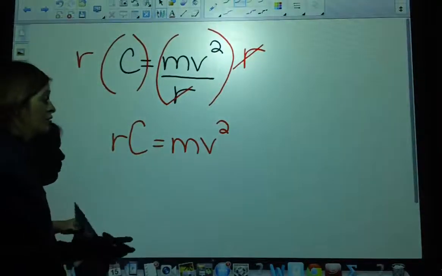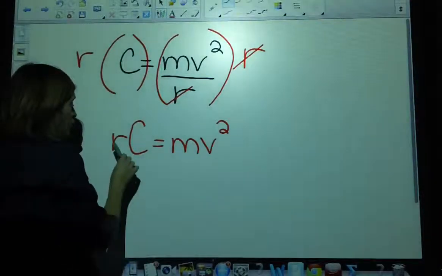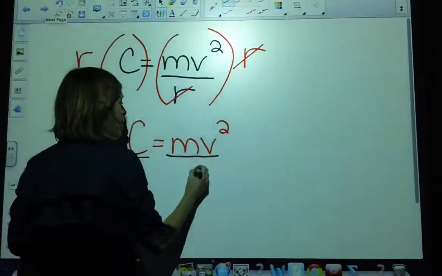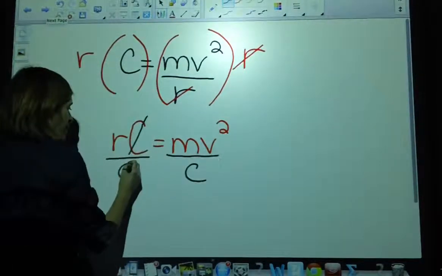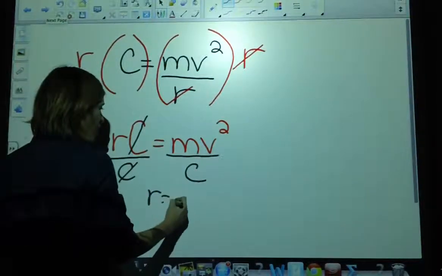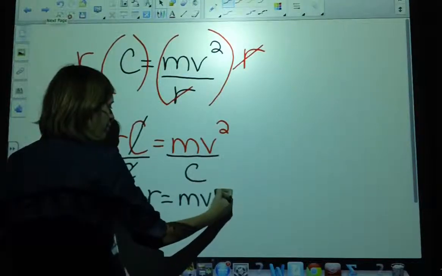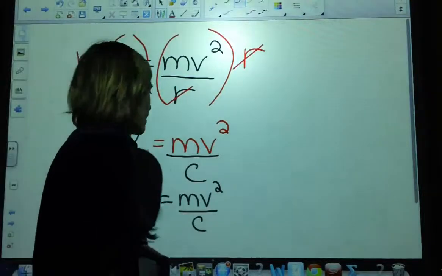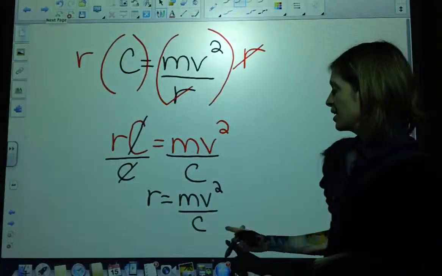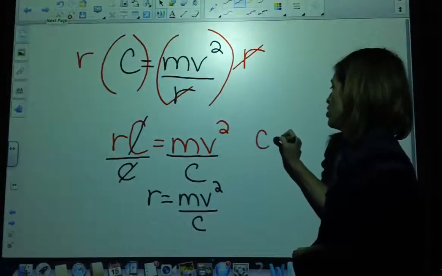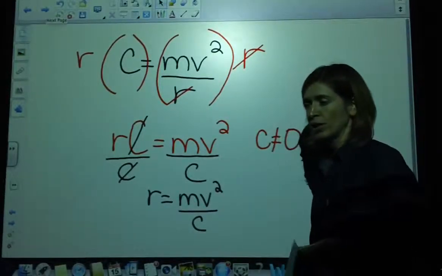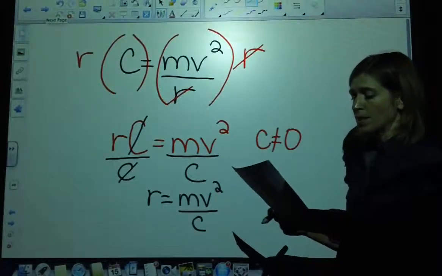Now, we're solving for r, so now r is being multiplied to the C. I need to isolate it by dividing both sides by C. The C will cancel, and we get r equals mv squared over C. All right, and at this point, we should see that C cannot equal 0, so that's a restriction on that equation.